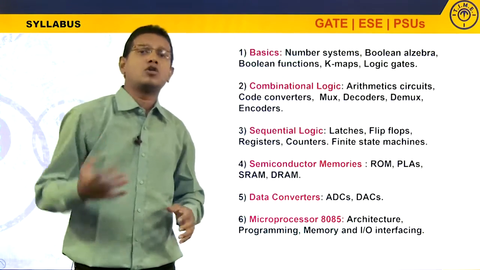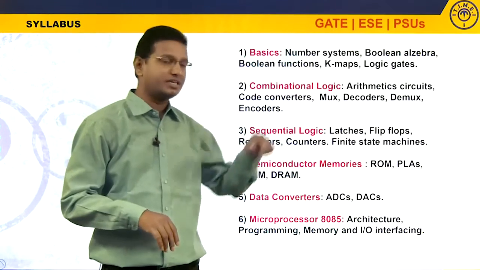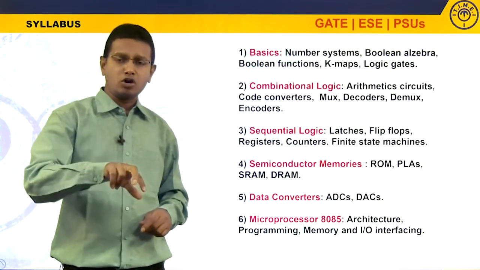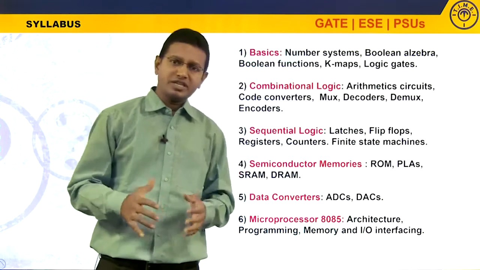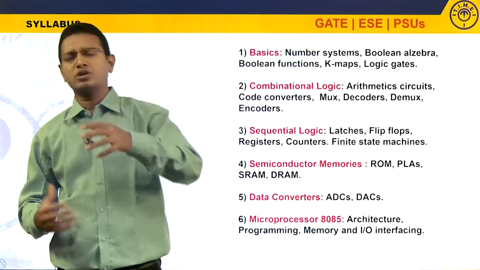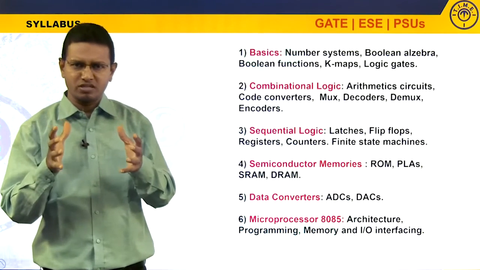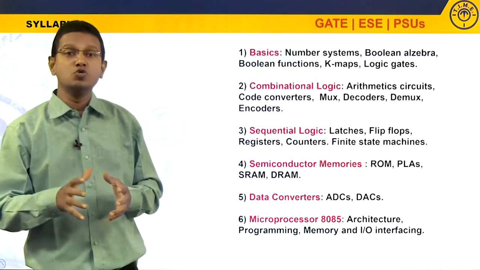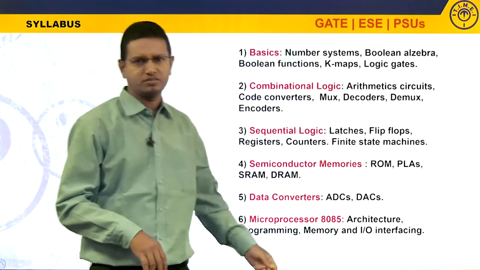The NOT operation will be done by the NOT gate, the AND operation by the AND gate, the XOR operation by the XOR gate. Logic gates are basically electronic circuits with only one output, where the output depends on the inputs, and these electronic circuits which do basic logical operations are nothing but logic gates.